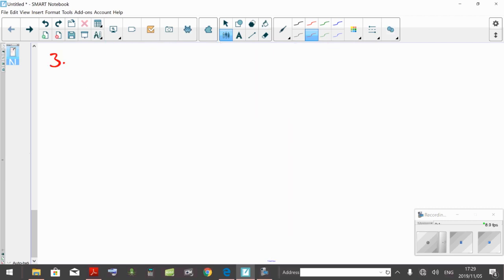Thirdly, we look at the exponential function. Please refer to part 1 of this video for details on these types of functions. If you remember your exponential function, this is one example of an exponential function.